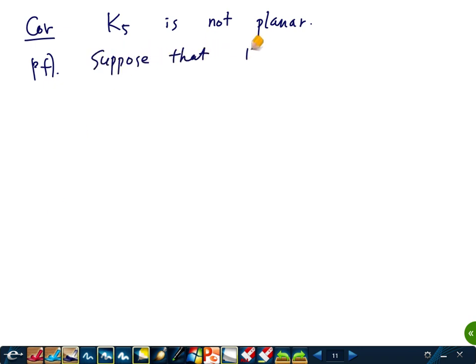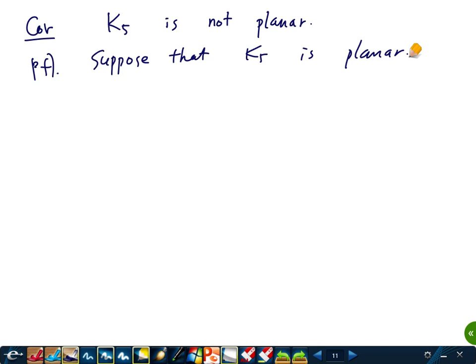Corollary, K5 is not planar. Proof. Suppose that it is planar. But we already know that K5 is simple and connected, right?